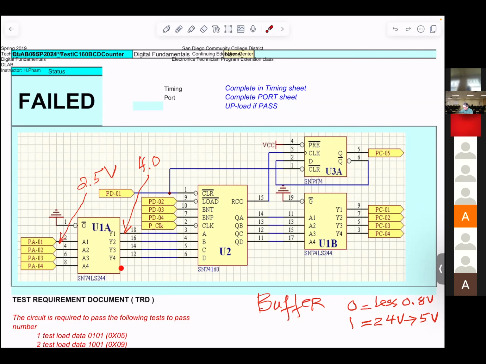Just make sure you get the power, 5 volts, at pin 20, and pin 10 will be routed to 0 volts. And pin number 1 by connection here is supposed to be 0. That means pin 1 is 0, pin 10 is 0, pin 20 is at 5 volts. And now the input is logic 1, the output is supposed to be 1, but it's not.